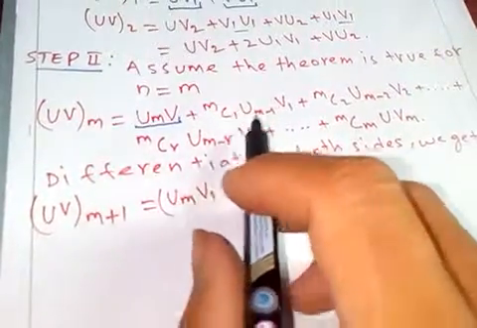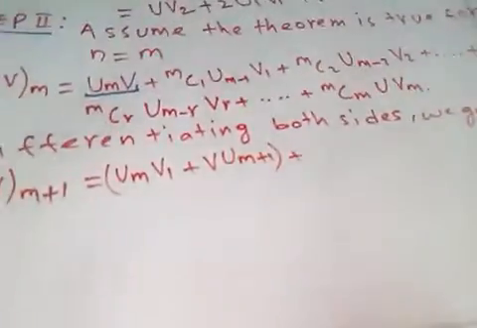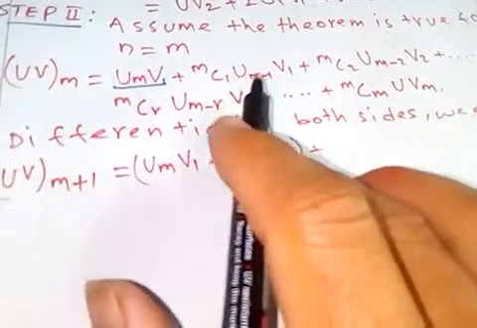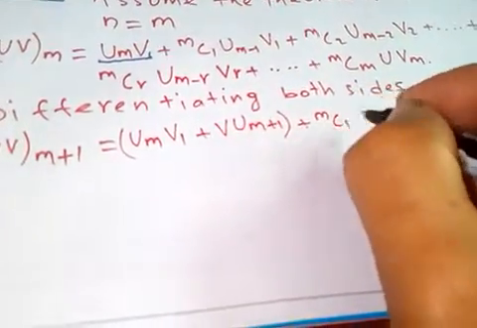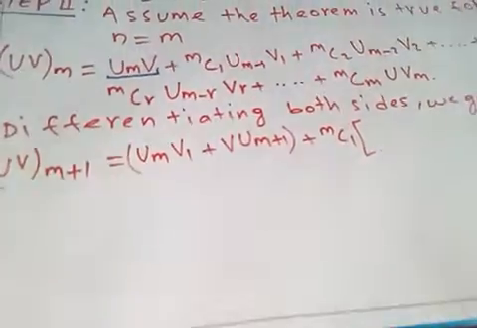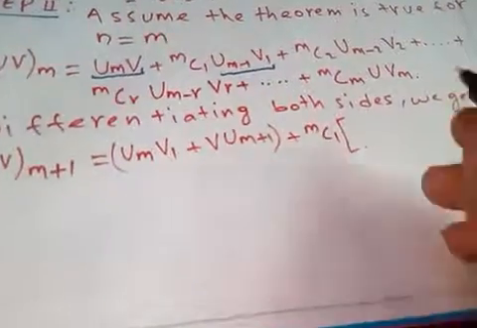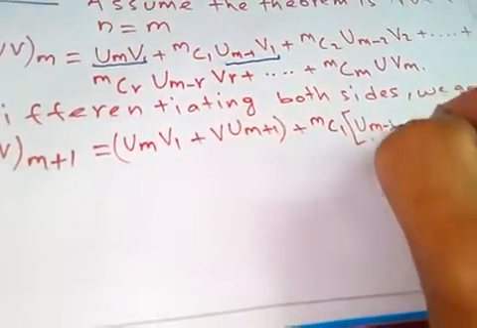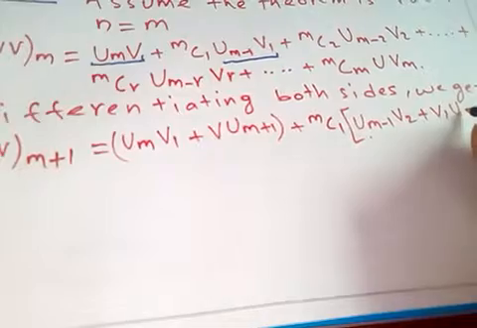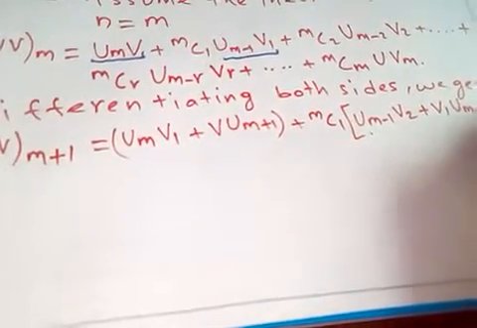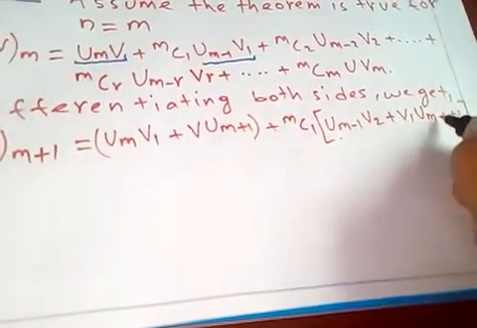Plus, mC1 is just a constant, just a number, so it can come out before the derivative. In this term I take the derivative again: first function times the derivative of the second function plus second function times the derivative of the first function, which is m minus 1 plus 1.